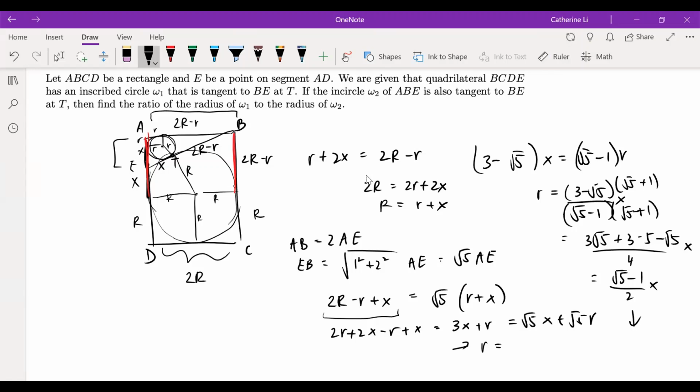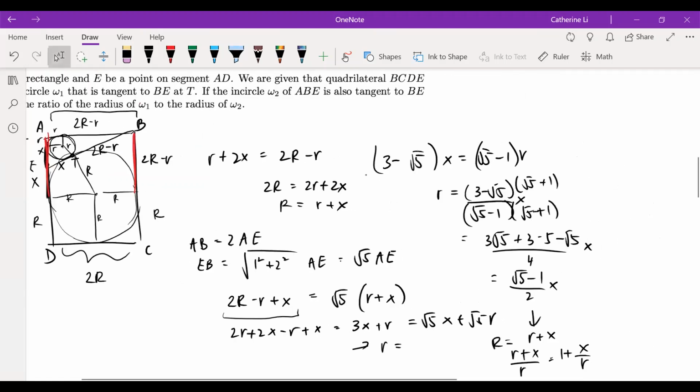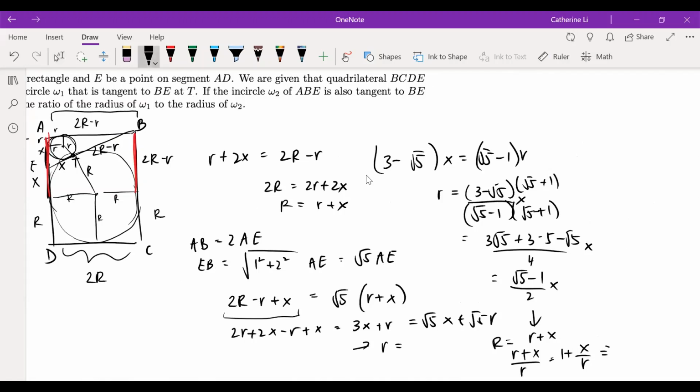And then from here, we also know that R is equal to r plus x. So we're finding the ratio of r plus x to r, which is 1 over x plus r. Okay, so I actually did it backwards, but this is going to be equal to 1 plus root 5 plus 1 over 2.